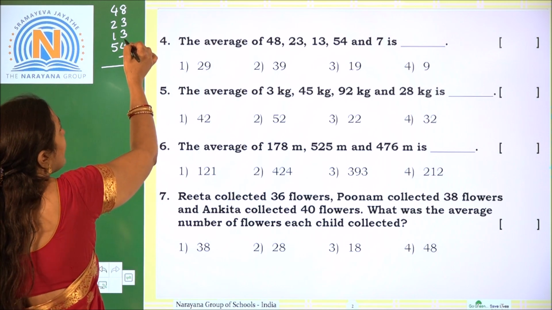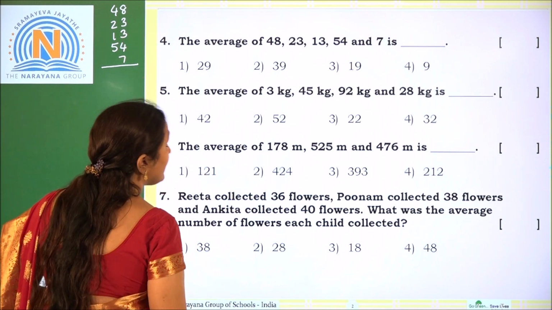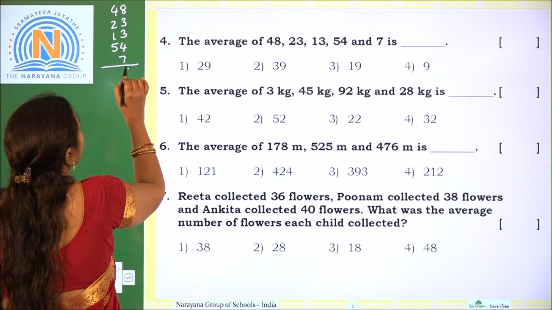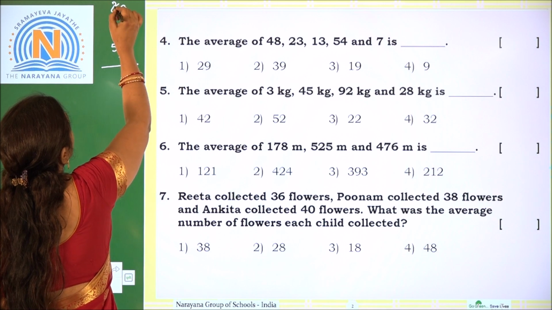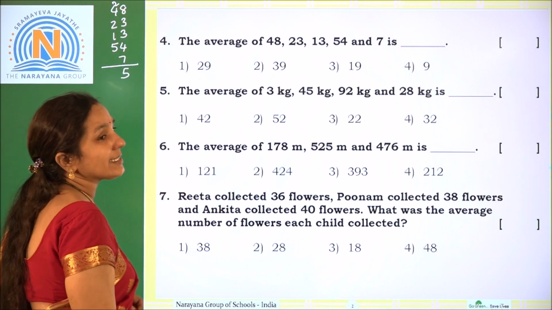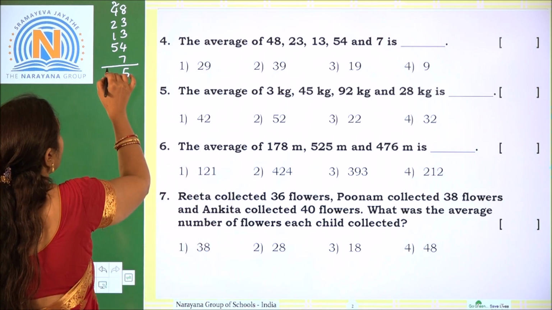Now 7 plus 4 is 11, 11 plus 3 is 14, 14 plus 3 is 17, 17 plus 8 is 25. So 2 plus 4 is 6, 6 plus 2 is 8, 8 plus 1 is 9, 9 plus 5 is 14.